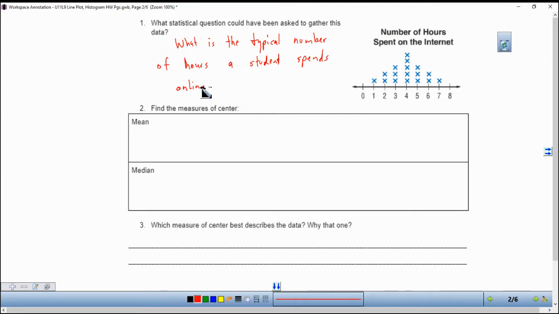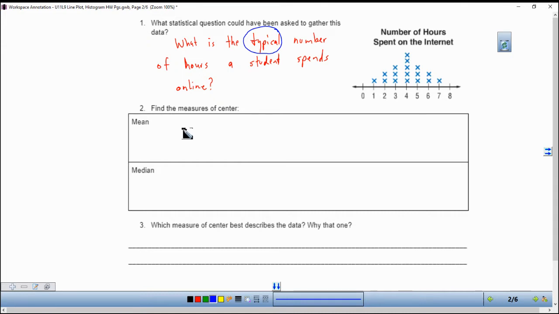It's a lot of hours. Someone was online for 7 hours. Jeez. All right, so what is the typical number of hours a student spends online? Again, the key word there is typical. That could be a question that this data would be collected for.